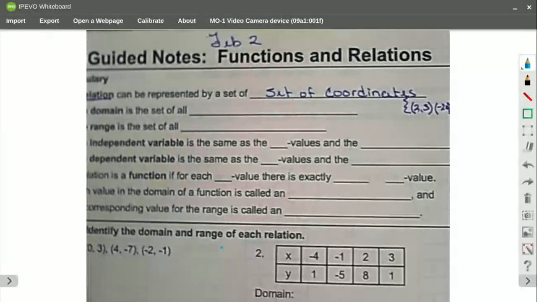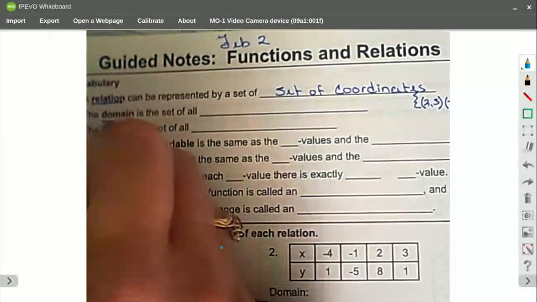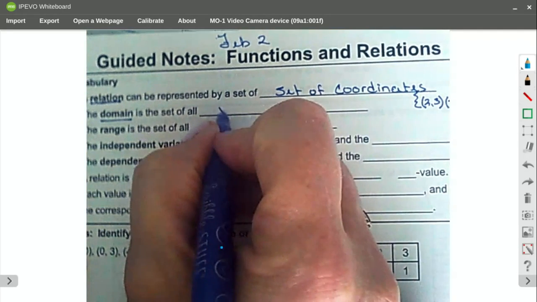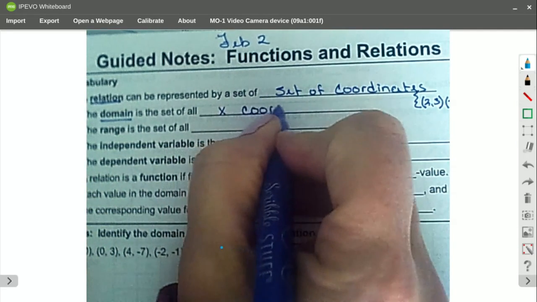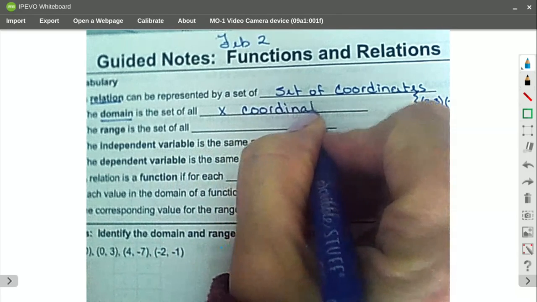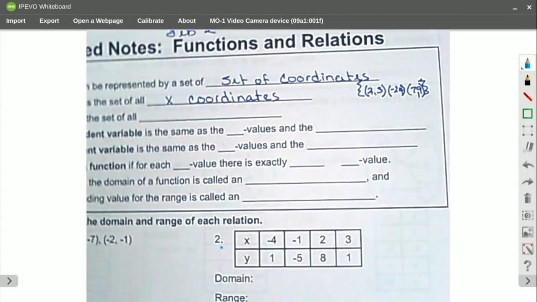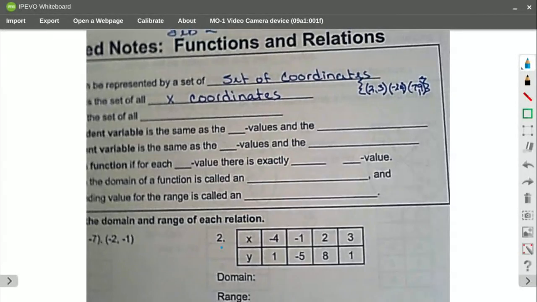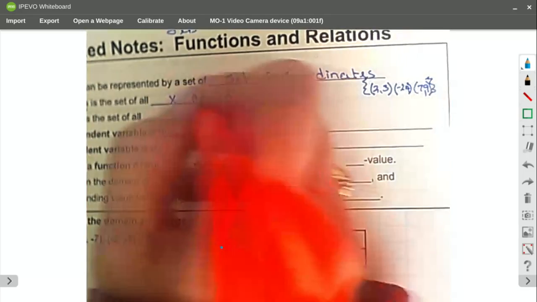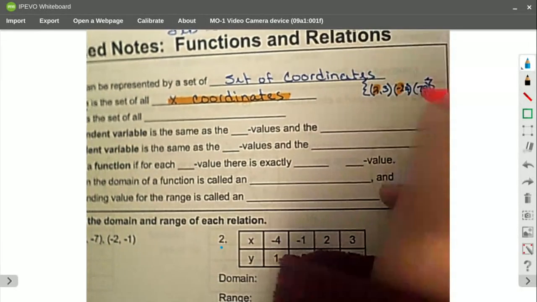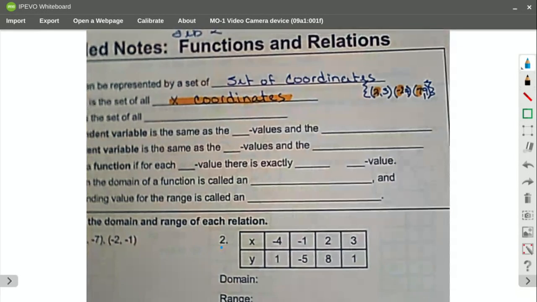Okay? The domain. Here's my second vocab word. The domain is the set of all x coordinates. So if this is my relation right here, and my domain is the set of all x coordinates, then my domain is going to be the 2, the -2, and the 7, right?